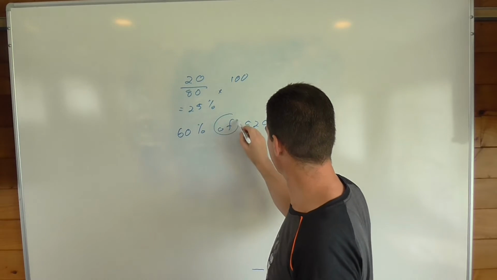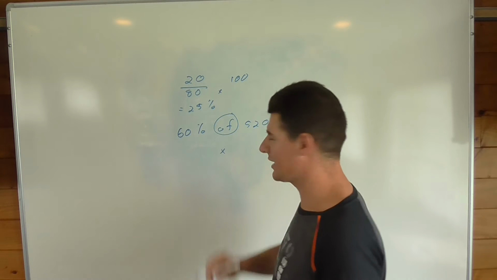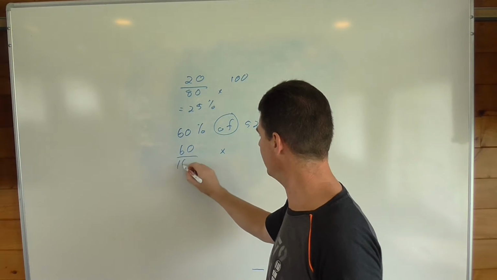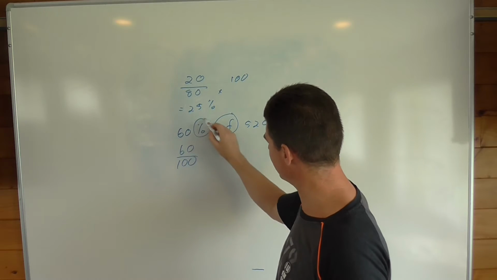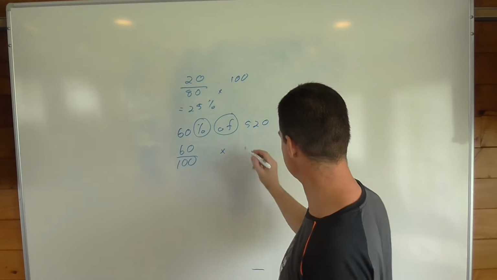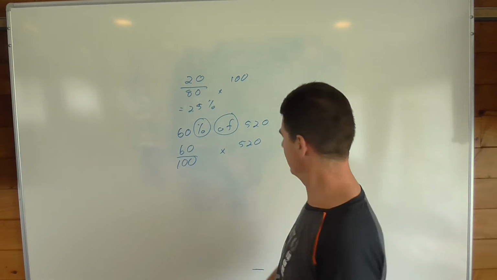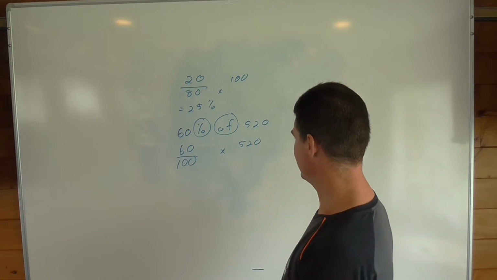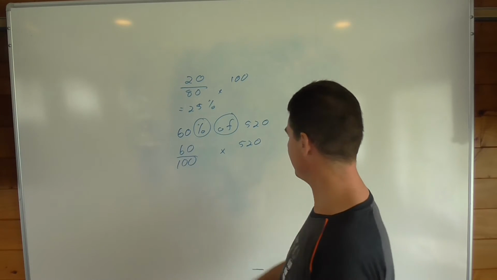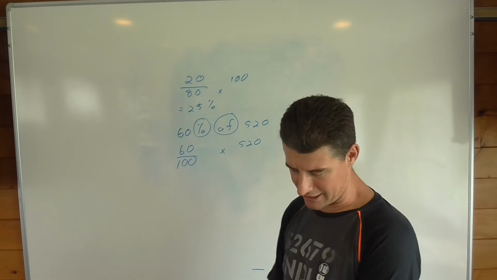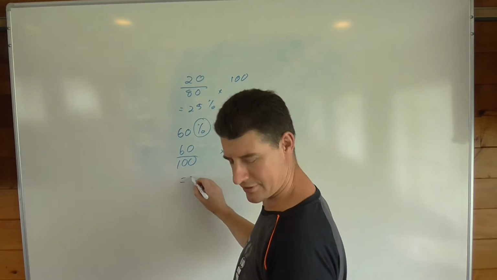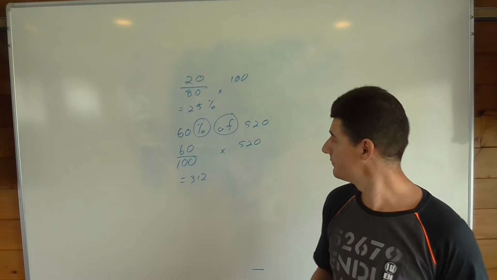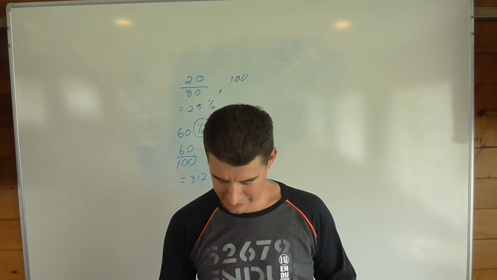The word "of" can be changed with a multiplication sign, and 60 over 100, remember a percentage means it's out of 100, so 60 out of 100 multiplied by 520. Then you just say 60 times 520 divided by 100, and that gives you 312 of them passed.